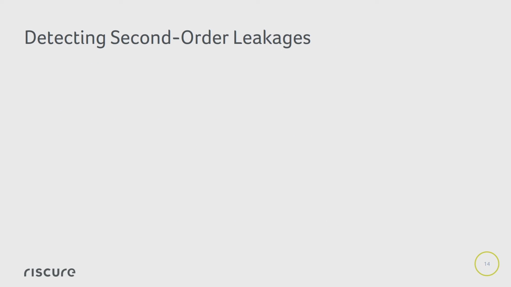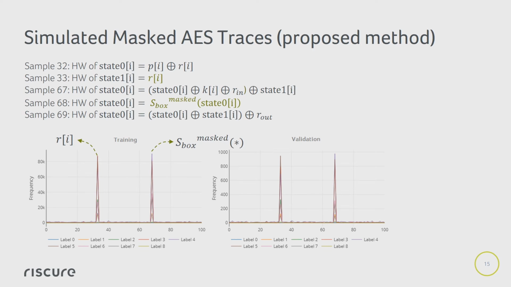But we also were wondering how the network detects second order leakage. So what we did next was to take the masked implementation, and first we validated the method on simulated traces. We used the same implementation they did for this AES in software, but with simulated traces just to verify.